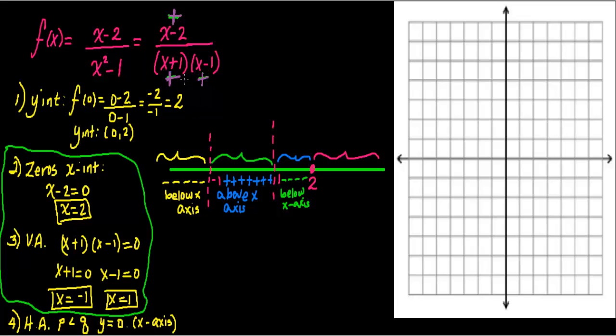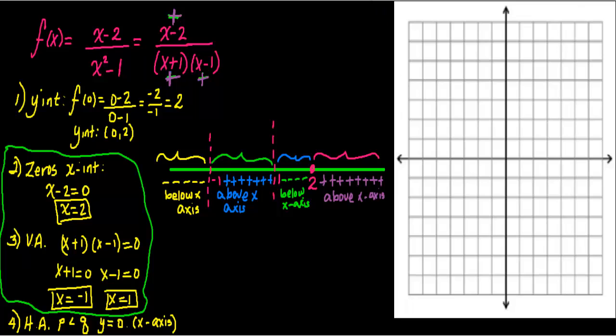So positive divided by positive will be positive. That means that in this region, the graph will be above the x-axis.